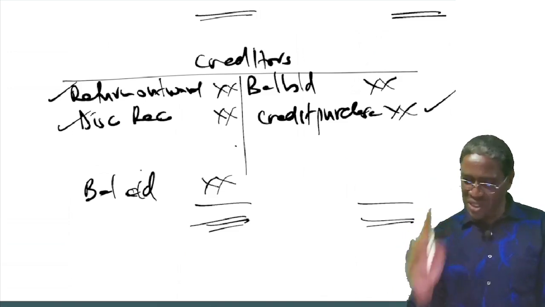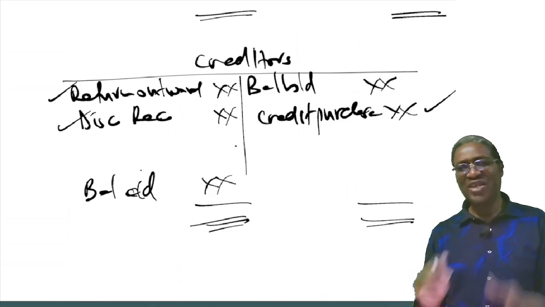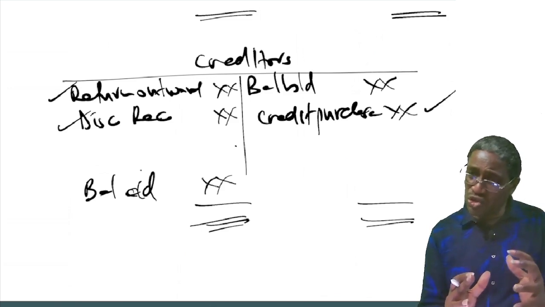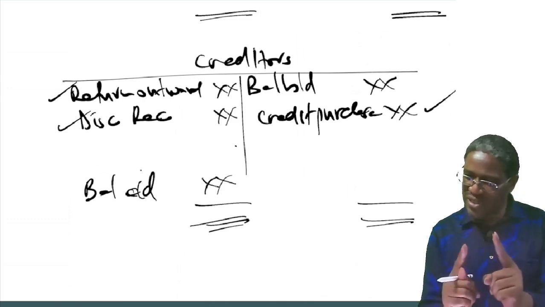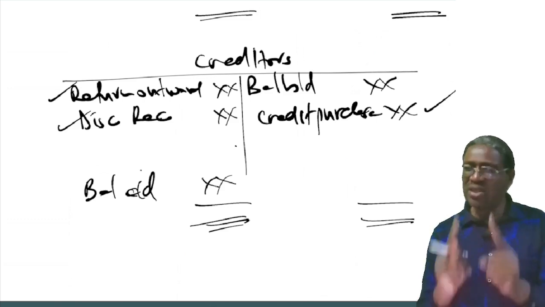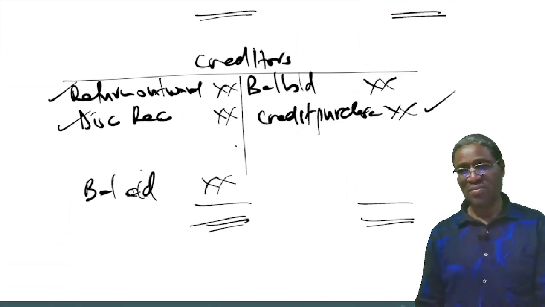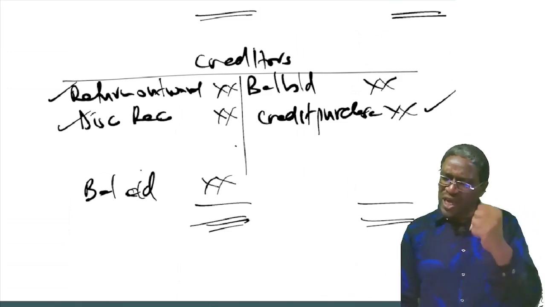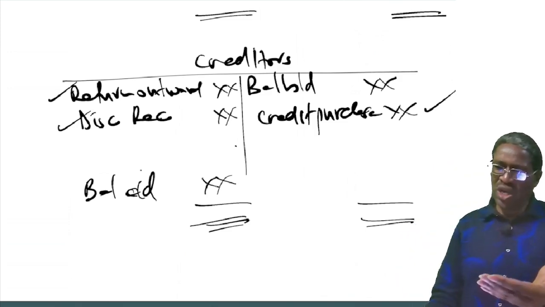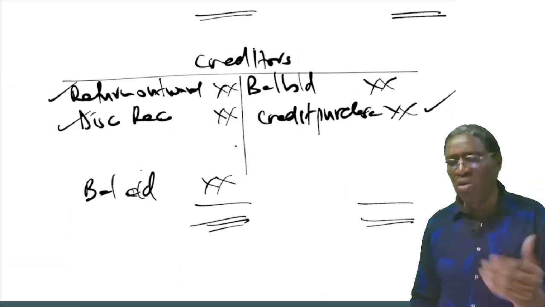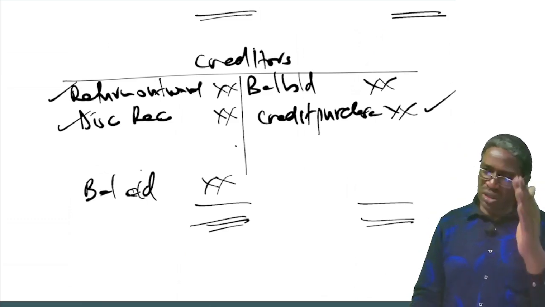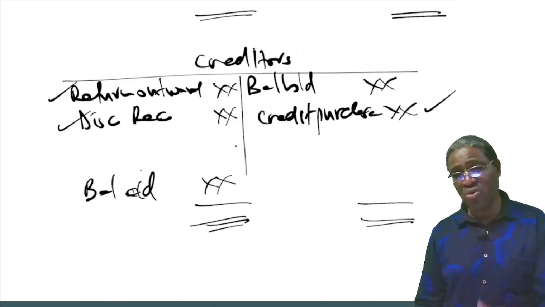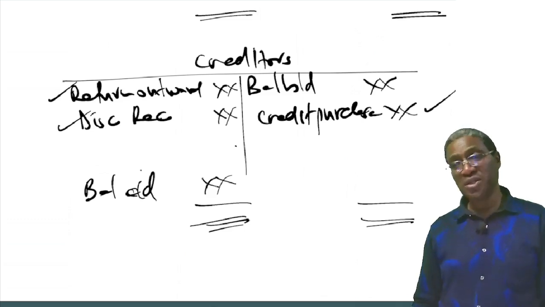If I use credit purchases on the credit side, it would mean that the balancing figure in the control account will represent only the cash I paid to those credit suppliers. But I'm not looking for the cash I paid to the credit suppliers. No, I'm looking for cash paid to all our suppliers, both those who supplied goods to us on cash basis and those who supplied goods on credit. How much is it that we paid to them?